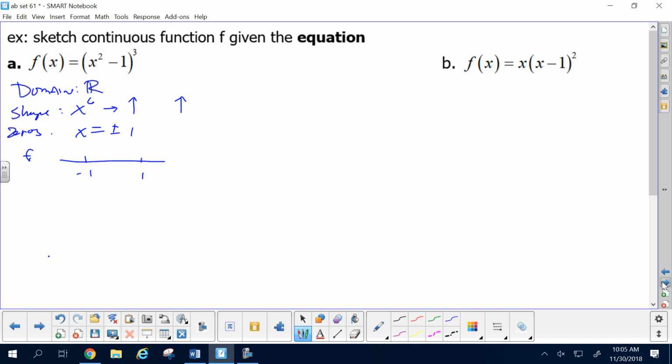Say at -2, you would get what kind of result? Positive. At 0, negative. And after 1, positive. Okay, so I know where the graph is above and below the axis. Sounds good. I can't think of anything else to go with the function, so let's move along.